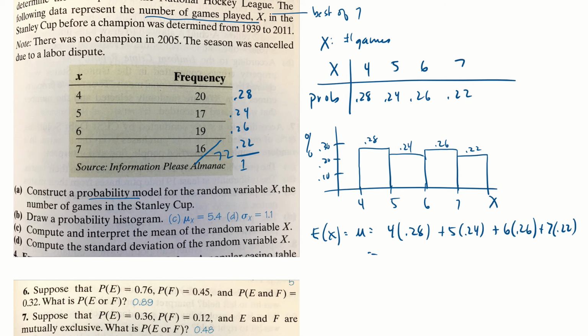You don't need any parentheses because order of operations, it'll do the multiplication first. So this would be 5.42 games. So that's the average number of games in a best of 7 series.